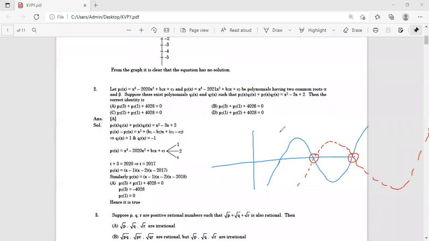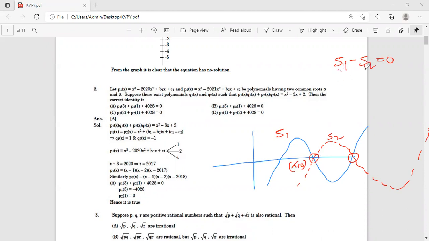I've told you, if you have one curve S1 and another curve S2, and I write S1 - S2 = 0, this is the curve which will pass through the points of intersection of S1 and S2. Suppose this point of intersection is something like (alpha, 0). So (alpha, 0) will lie on S1 as well as S2.